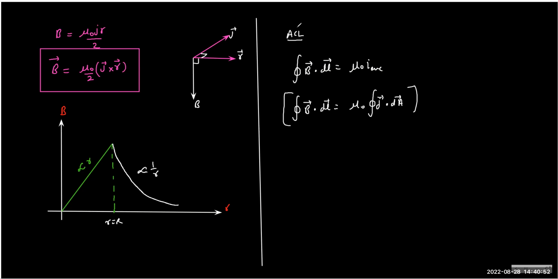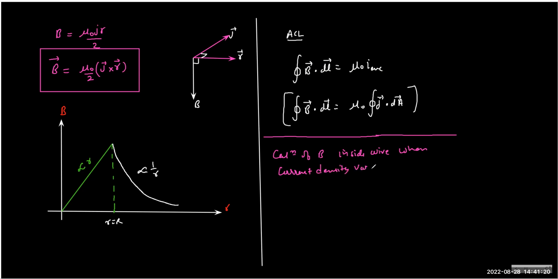So we can do the next question. Calculation of B inside a wire when current density varies over the cross section.